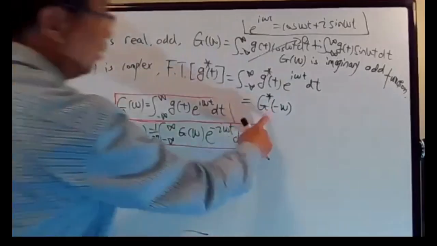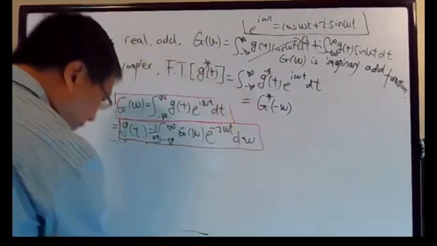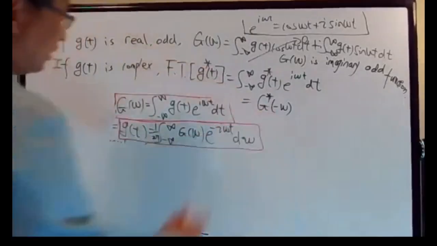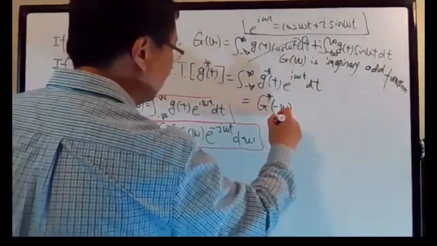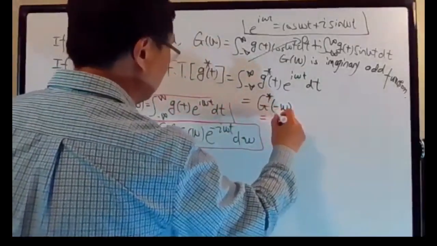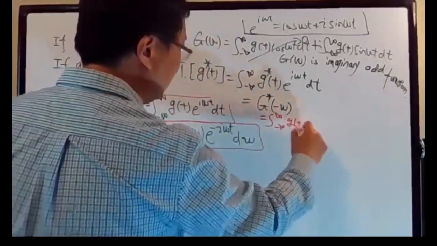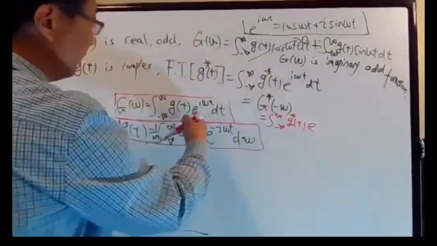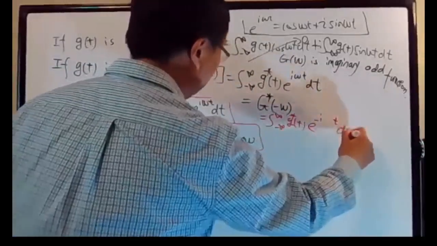So be aware, what is this? Let me write it down. What is the G conjugate? This piece is the integral from negative infinity of g(t) conjugate, and then we put the exponential, there should be a negative i omega t dt.